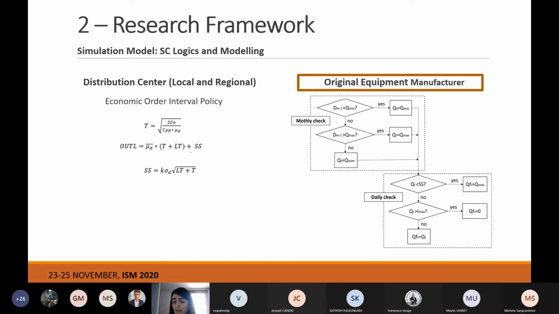In order to implement this logic, a double check has been implemented. First, a monthly check is performed, and a monthly production quantity is defined considering the demand of the previous month. But each day, the manufacturer checks the current inventory position and defines the final quantity to produce.